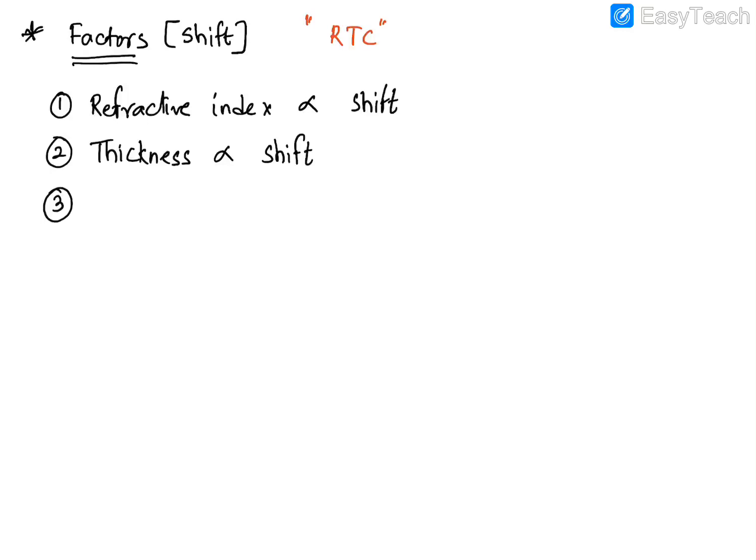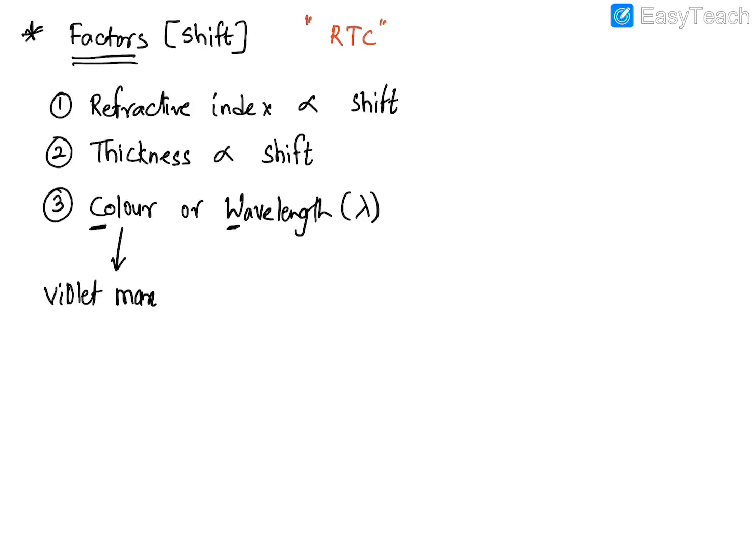And point number 3 is the color or the wavelength of the light. C for color and lambda for wavelength. Now how will the color or the wavelength affect the shift? Which color will have the maximum shift? Violet color, because it travels the slowest, so it has the maximum refractive index.